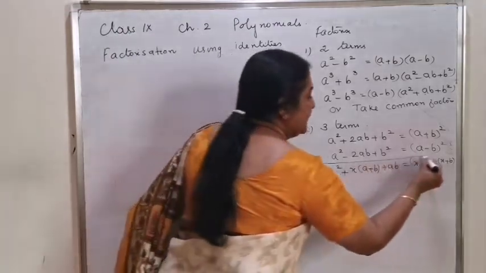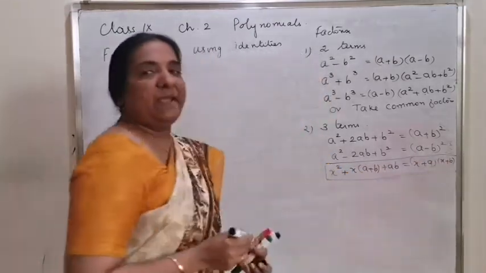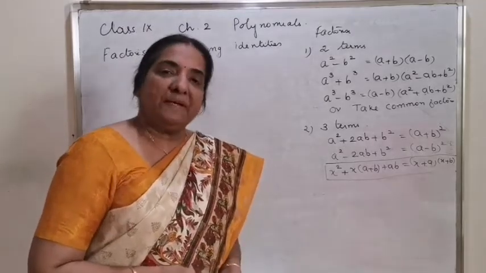For the third identity, you may have to take the help of splitting the middle term.